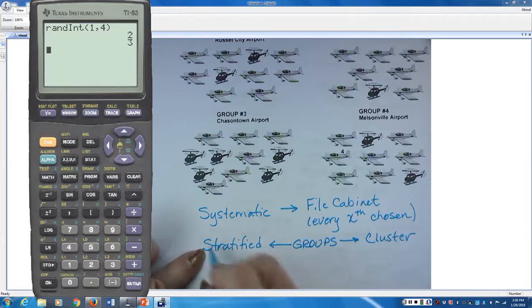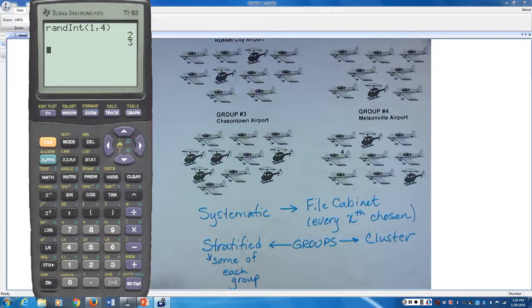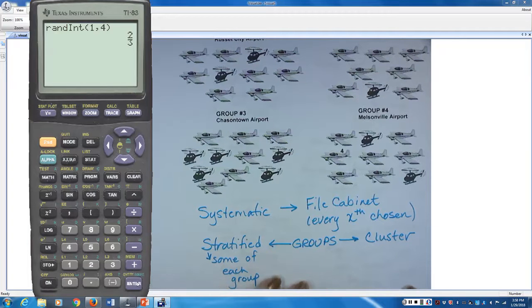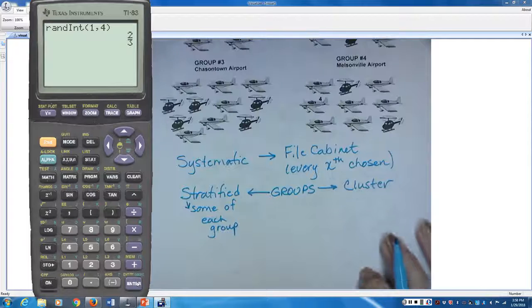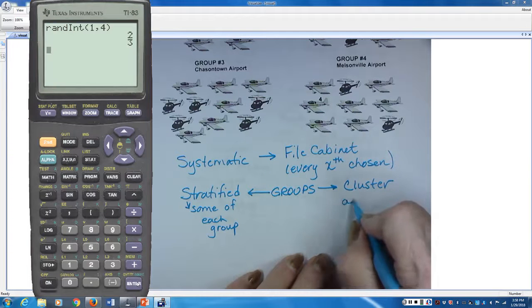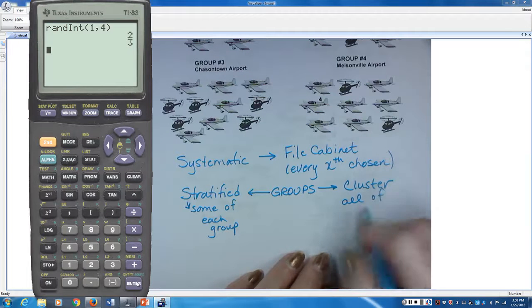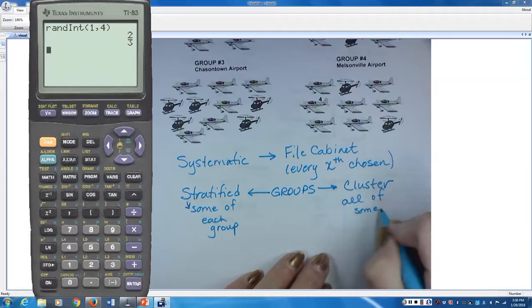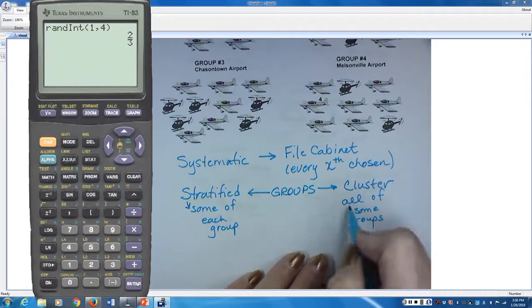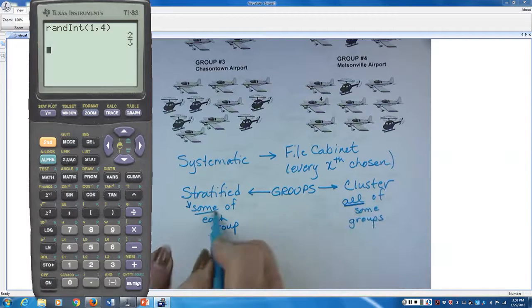And in stratified, you take some of each group. Cluster, you take all of some groups. You have to think about which one of those words came first.